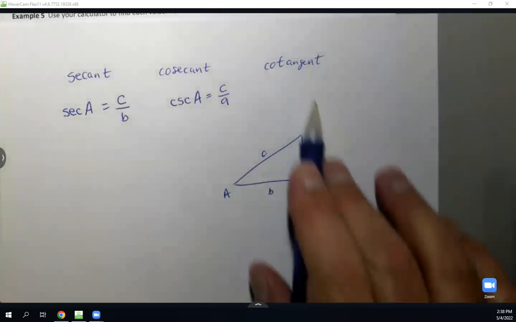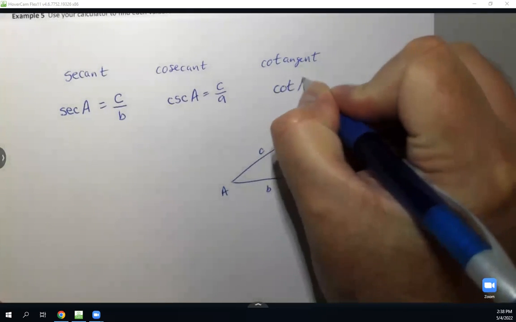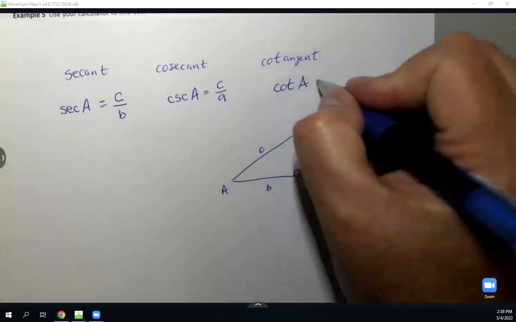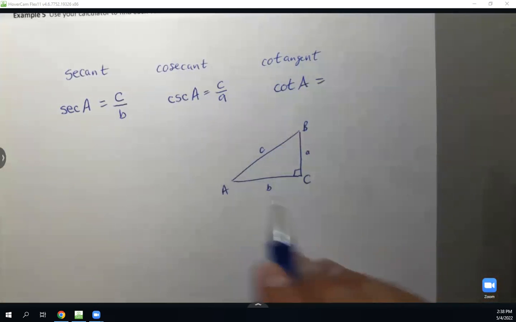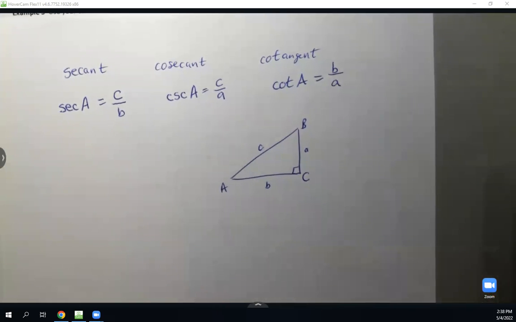Do you have a guess for what cotangent would be? So tangent's opposite over adjacent. So cotangent is adjacent over opposite. So if we're talking about angle A, it would be adjacent B over opposite A. Okay, so those are the other three.